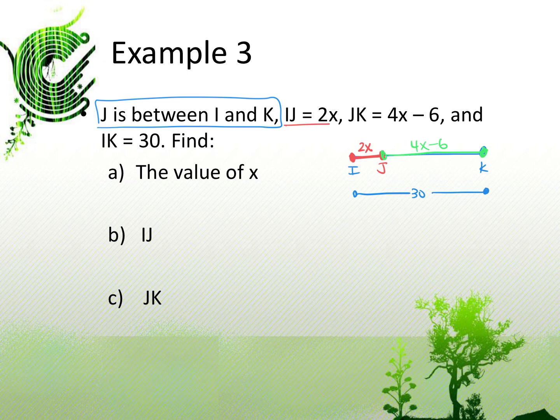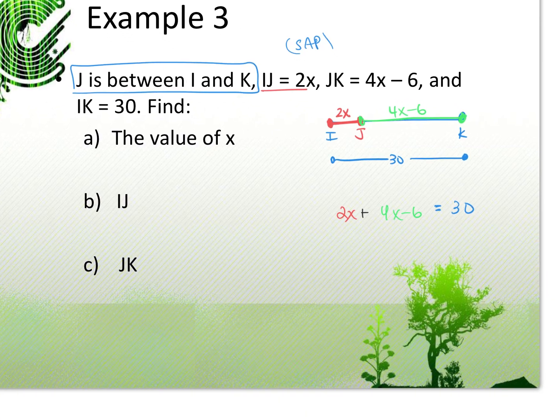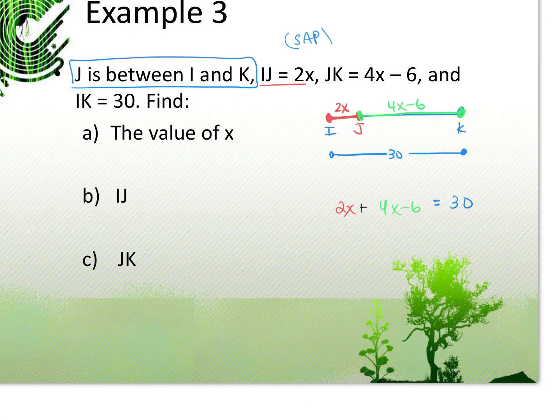Well, the segment addition postulate that we talked about, the SAP, tells us that the sum of the pieces, in other words, 2x plus 4x minus 6, has to equal 30, because the parts add up to the whole. And so basically now, when I set this up like this, I've got an equation.